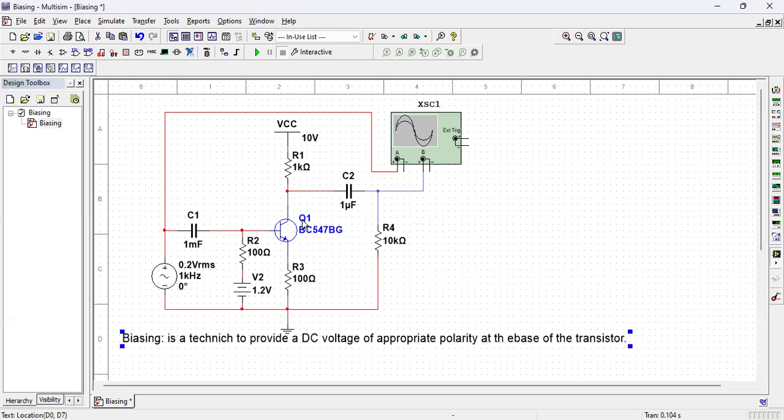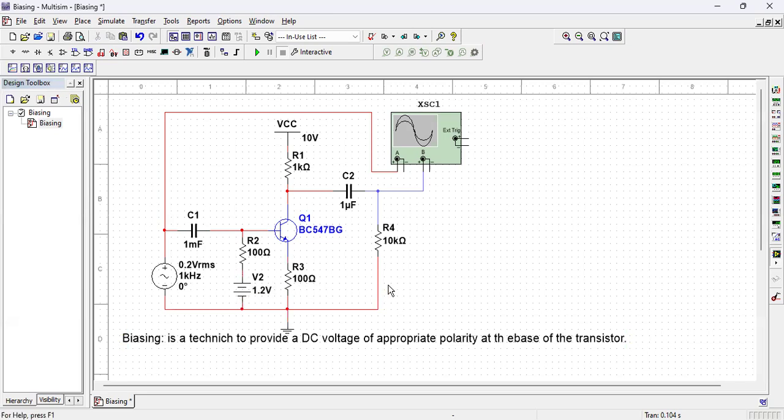Because had this been a PNP transistor, then, of course, the base would be N-type semiconductor and emitter would be P-type semiconductor. So for forward biasing, this potential has to be negative.